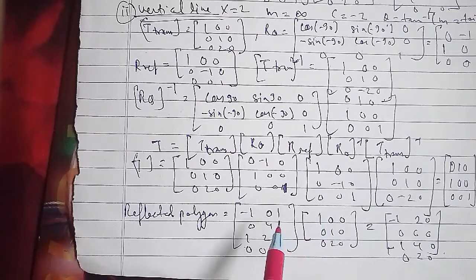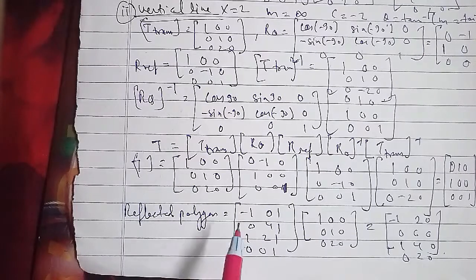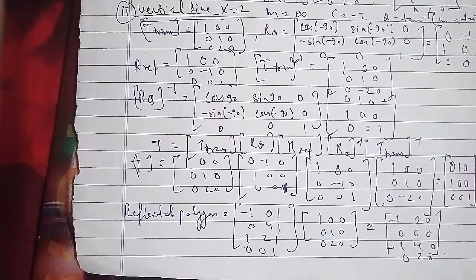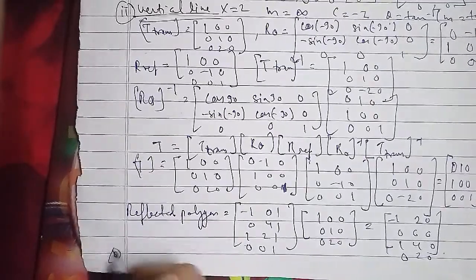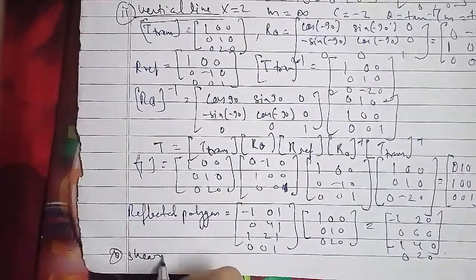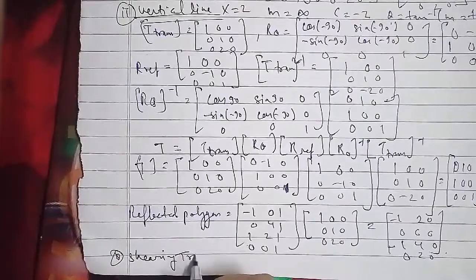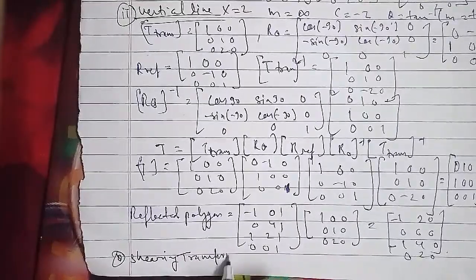A shearing transformation distorts the shape of an object such that the transformed shape appears as if the object were composed of internal layers that had been caused to slide over each other. This is called shear.